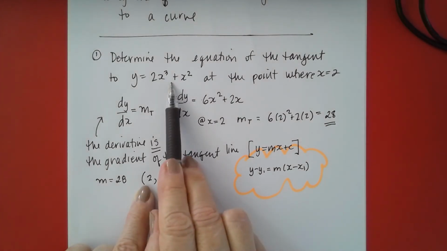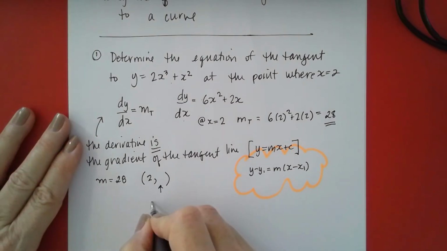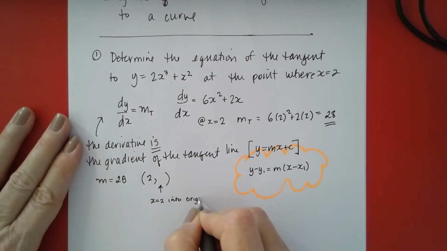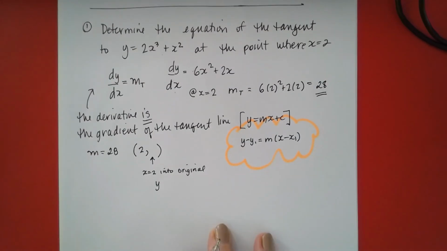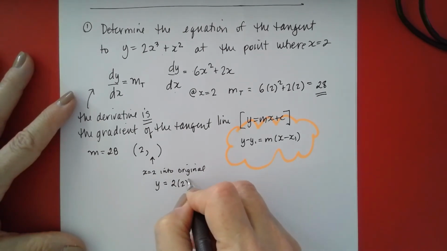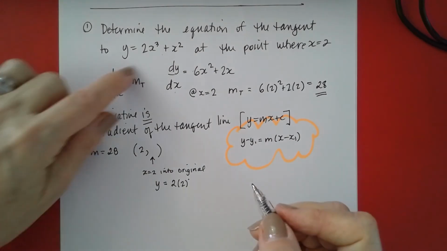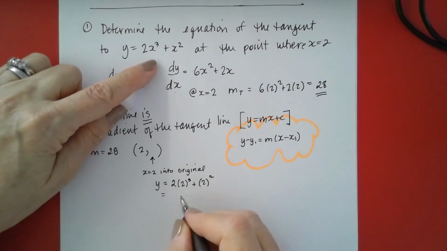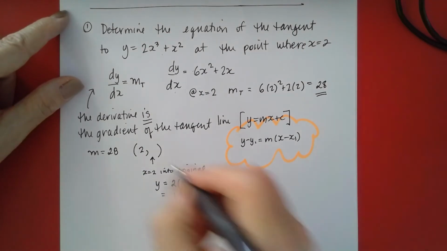That's the y. This is dy/dx, so the original, yes. So x equals 2 into the original, because that's what y is. y equals 2 times 2 cubed plus 2 squared, which equals 8 times 2, 16, plus 4 is 20.